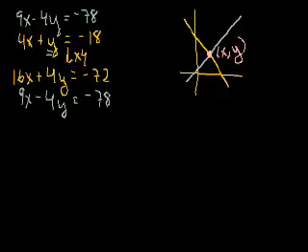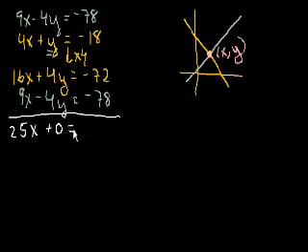Okay. Well, now, if we were to add these two equations, when you add equations, you just add the left side and you add the right side. Well, you have 16x plus 9x, that equals 25x. 16 plus 9. 4y minus 4y just equals 0, so that's plus 0, equals, and then we have minus 72 minus 78.